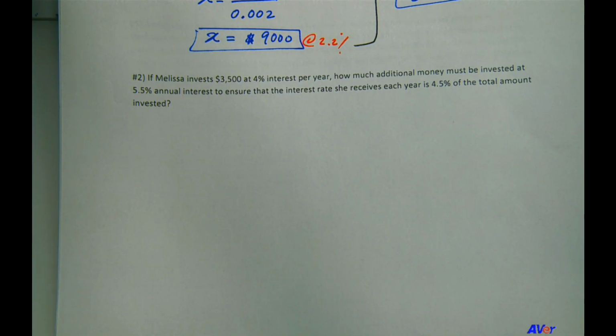So at this point, it would be a good idea for you to pause the video, solve this problem, take 15 minutes, do your best, write down your solution, and then come back to the video.